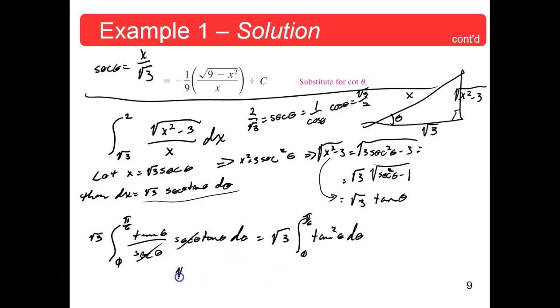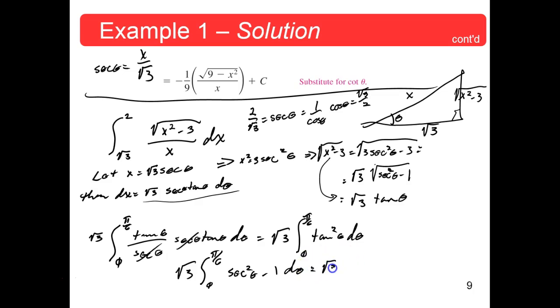So this will be root 3 times the integral from 0 to pi over 6 of secant squared theta minus 1 d theta. That's what you said, right?